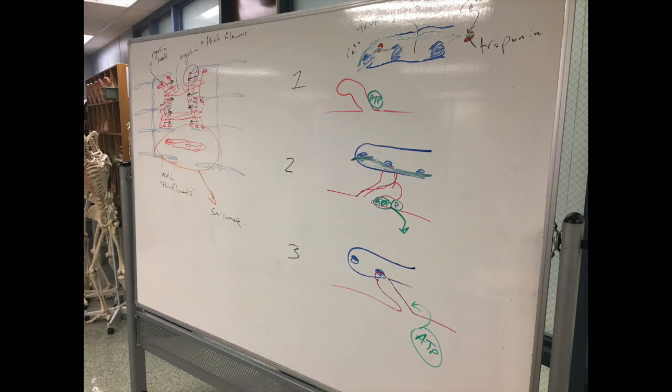It covers them. Let me label the names of these guys. So the brown is troponin, and the green, that's the string-like protein that covers up those binding sites perfectly. That's called tropomyosin, right?